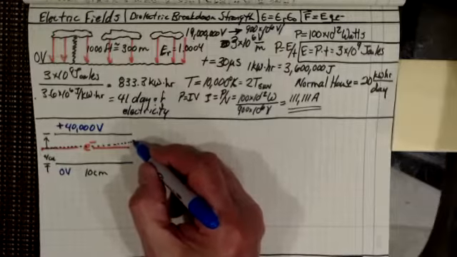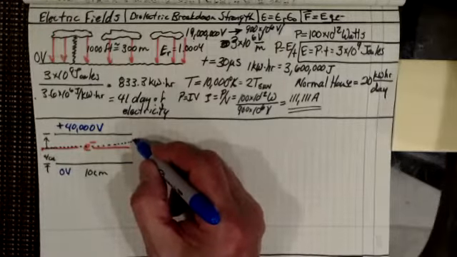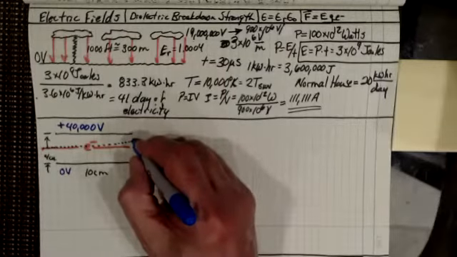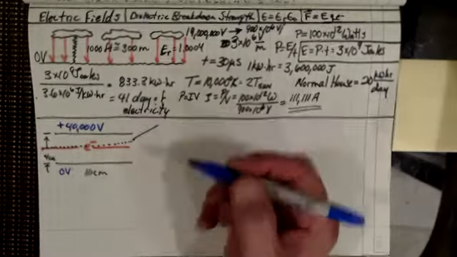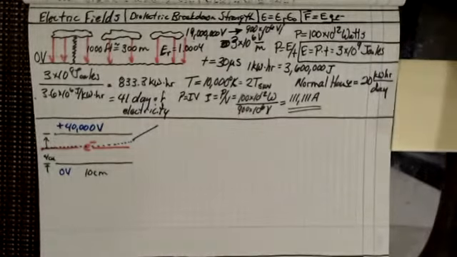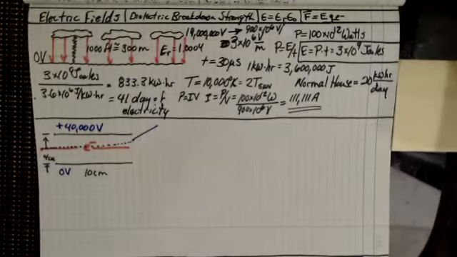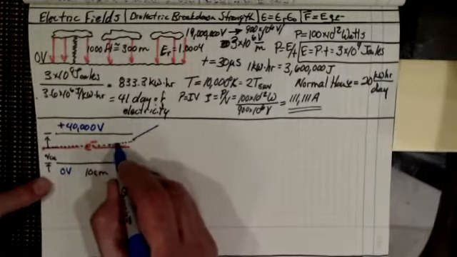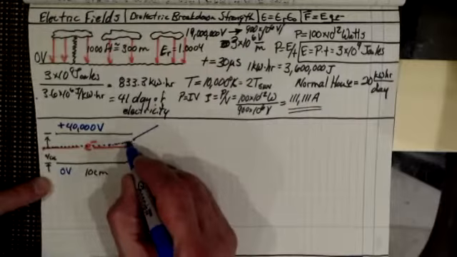But once it gets to the very end of this, from that point forward, it goes straight. Does everyone see that? It goes straight because it's not being accelerated in any direction anymore. There's no electric field doing it.